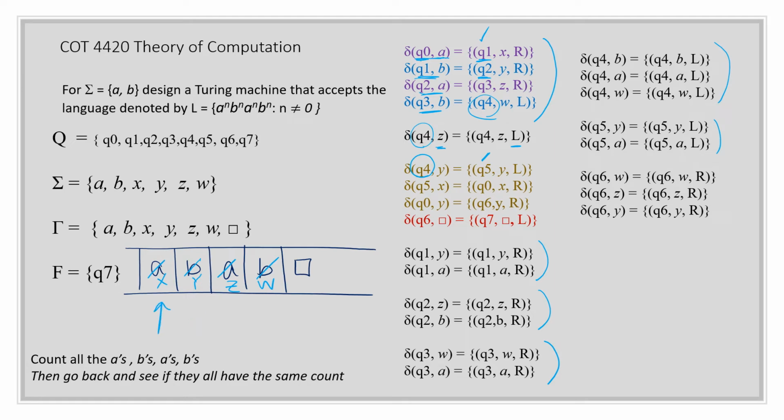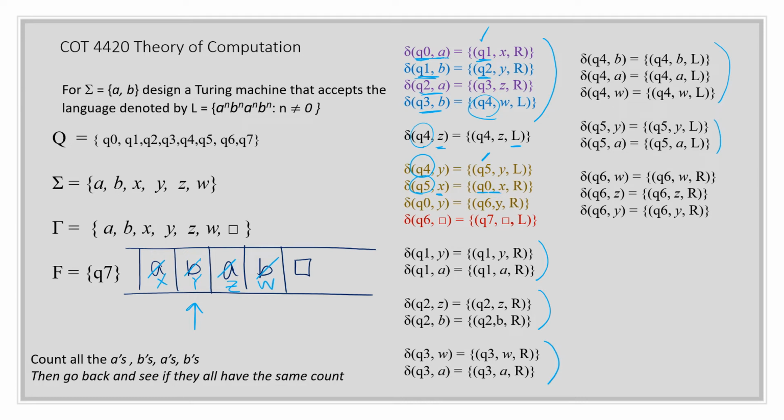Now we're in Q5, and we have encountered an X, so we're going to go to Q0, leave it alone, and go right. This is how we're counting our X's and our Y's.